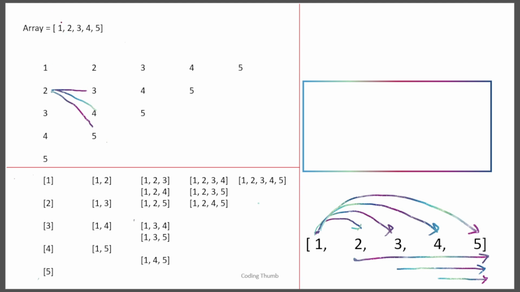So we go from 1 to 2, 1 to 3, 1 to 4, 1 to 5. And at each iteration, we go over each of those values again, right? Now, similarly, for 2, we can do 2 to 3, 2 to 4, 2 to 5, and at each step, we again iterate within that.